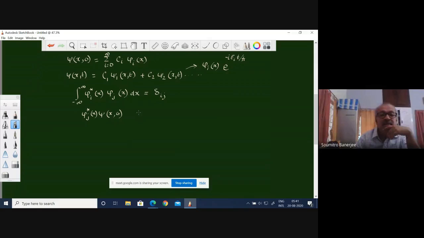So this was the sum over i equal to 0 to infinity of c_i, then I have to multiply by that, so it will be psi_j star(x) psi_i(x). Now I integrate. So I put an integral here, from minus infinity to infinity, and therefore here also I need to integrate.